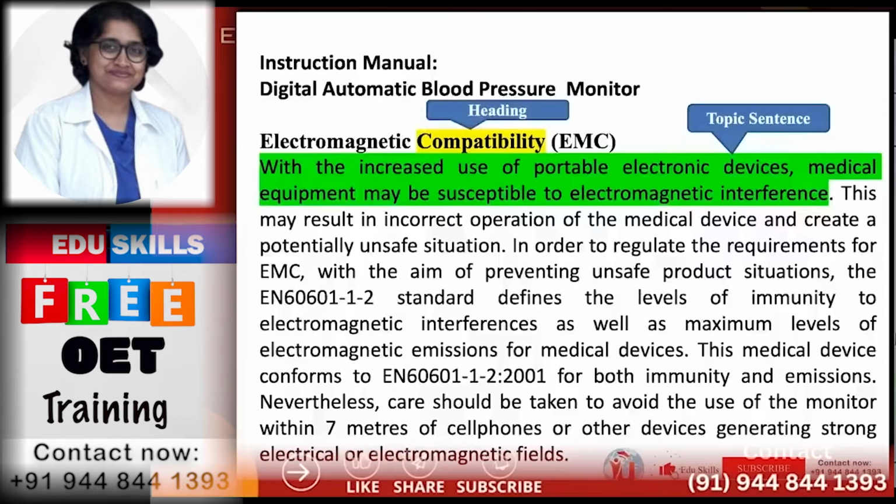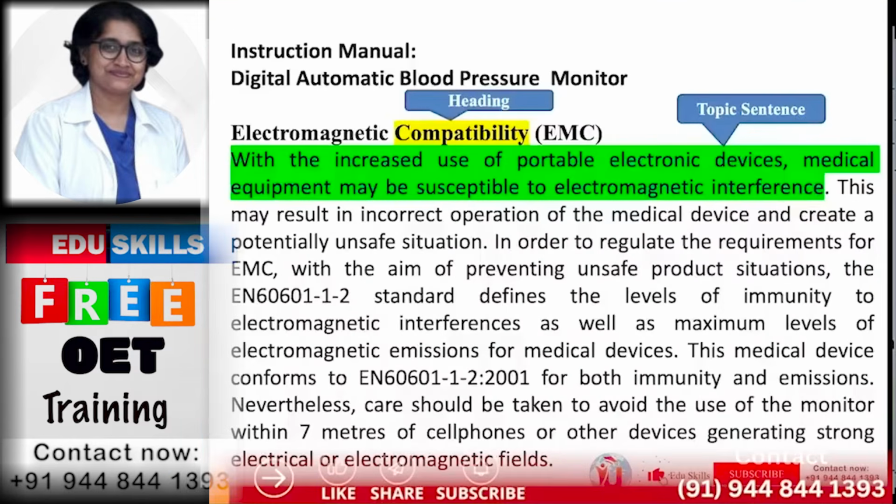In order to regulate the requirement for EMC with the aim of preventing unsafe product situations, the EN 60601-12 standard defines the levels of immunity to electromagnetic interferences as well as maximum levels of electromagnetic emissions for medical devices.